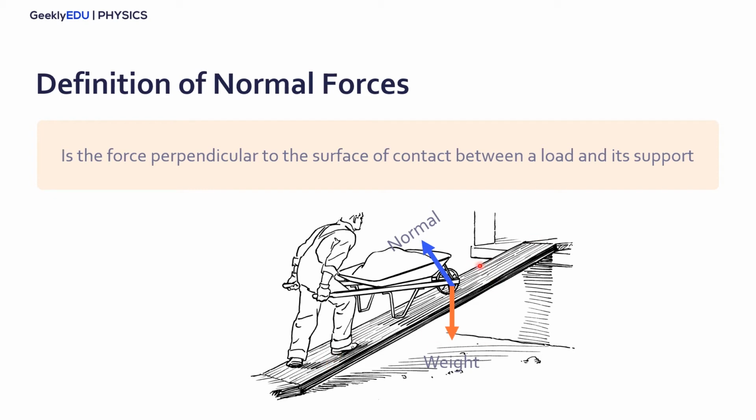The weight of the small cart is pointing down, of course, because of gravity, but the normal force is not pointing down. It's pointing in this direction, perpendicular to the surface, alright? A lot of people sometimes think of the normal force as the opposite of the weight, but actually it's a force that's perpendicular to the surface of contact, alright?